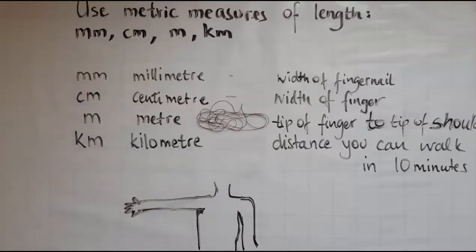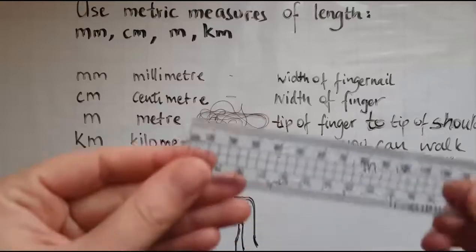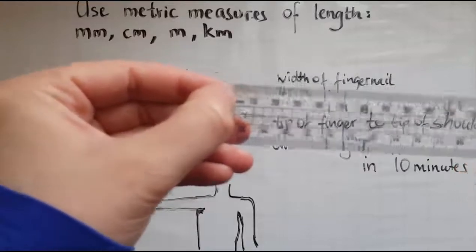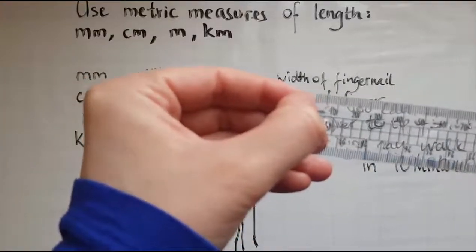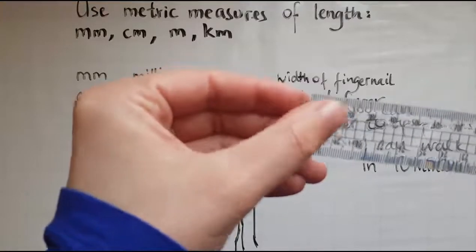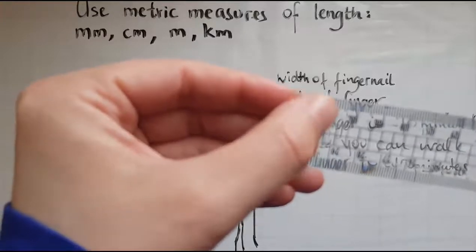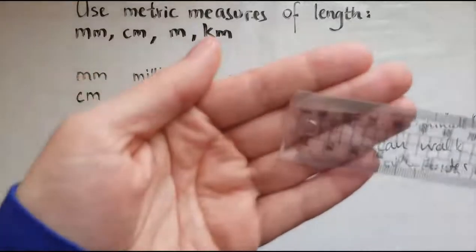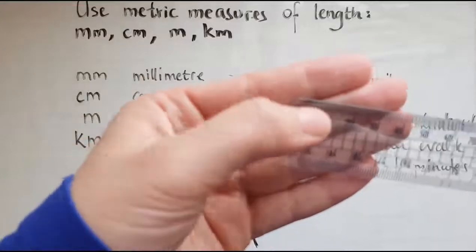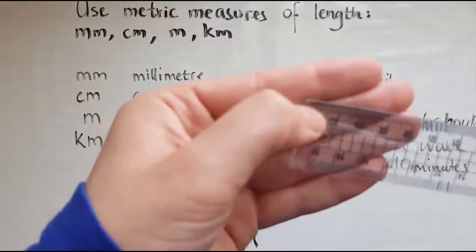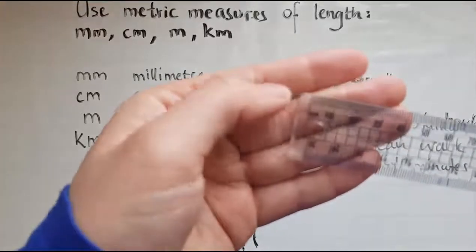A millimeter is a really tiny, short length. Looking at a ruler, millimeters are represented by these very small lines. As you can see, they are rather tiny, and every ruler has them. That helps you remember very small lines.